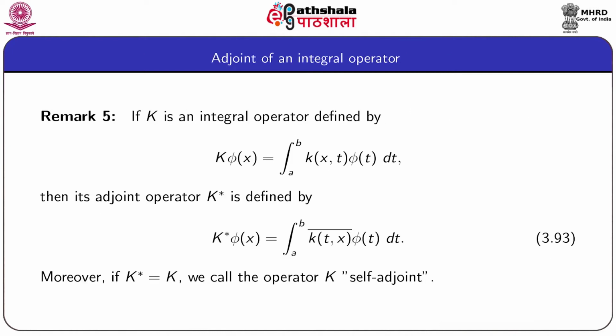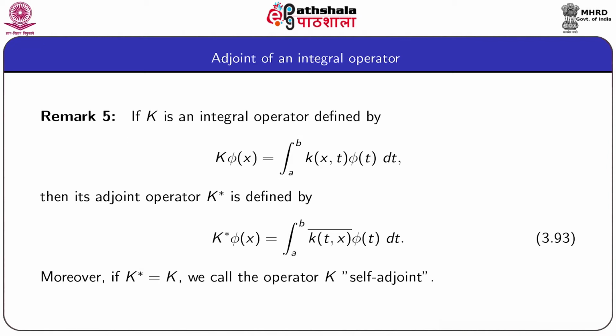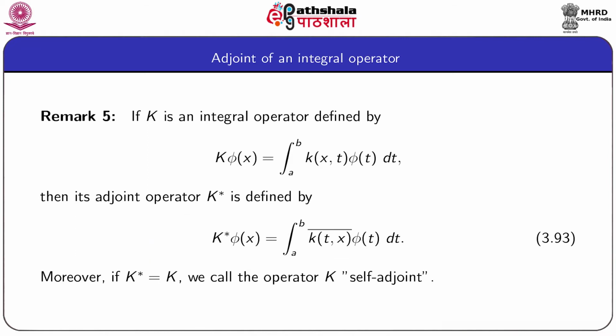Next we come to observation 5, which is given by remark 5. If capital K is an integral operator defined by K phi x equal to integral a to b k x t phi t dt, then its adjoint operator K star is defined by K star phi x equal to integral a to b k t x bar into phi t dt, as given by equation 3.93.